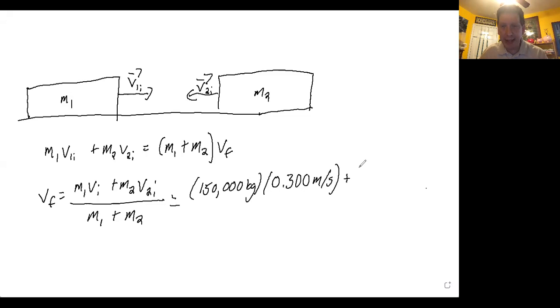Then plus the second, which has a mass of 110,000 kilograms, so it's a little bit lighter, and it's moving at negative 0.120.